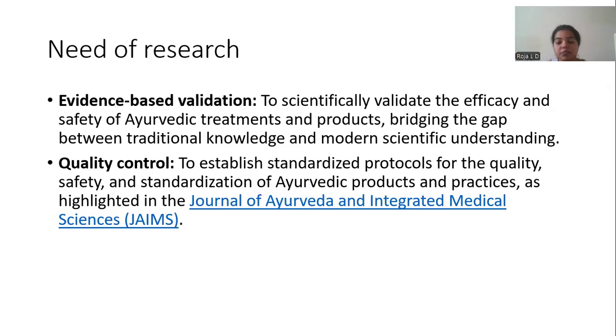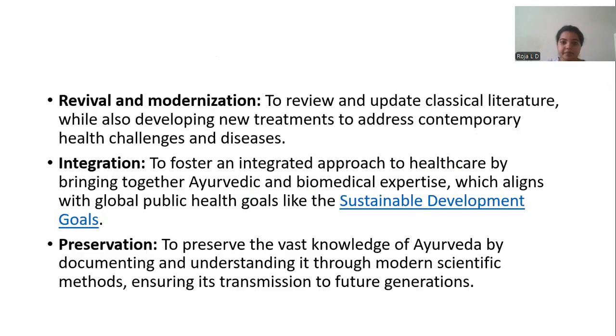So there are certain parameters which have to be met by all our Ayurveda products. That's why quality control parameters and standardized pharmaceutical procedures have to be established in order to provide safe, effective medicines to our patients. That's why quality control is a need of research in Ayurveda.